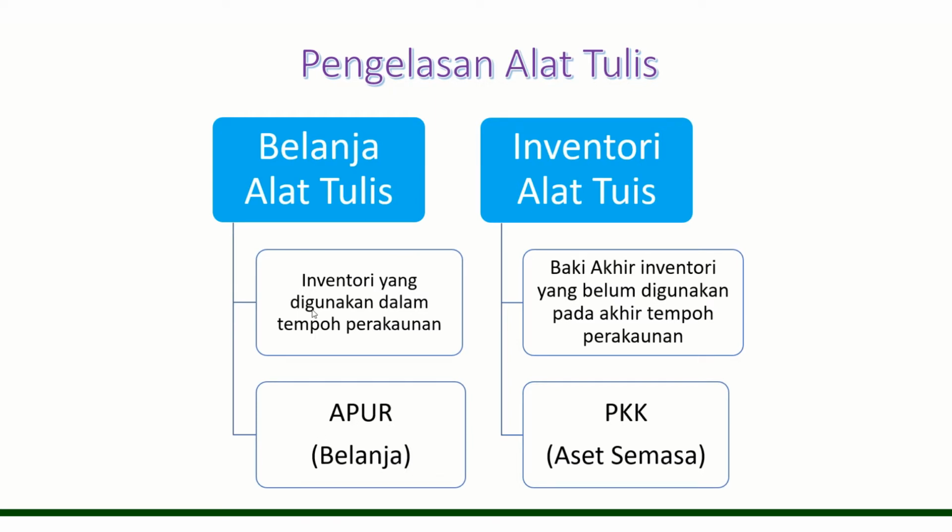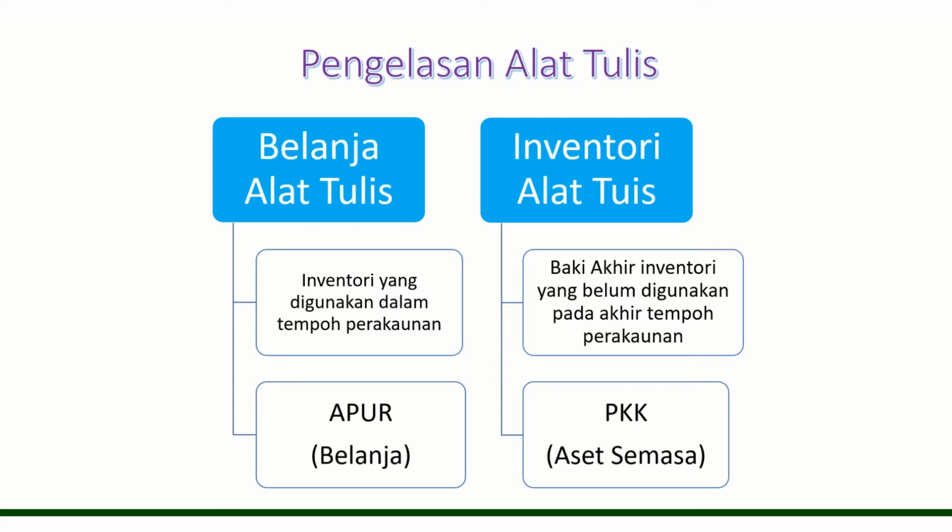Okay, now let's go to the other pengelasan, which is inventory alat tulis. So what is inventory alat tulis pula? Okay, inventory alat tulis is baki akhir inventory yang belum digunakan pada akhir tempoh perakaunan. That means what is left over after the end of the tempoh perakaunan. So for this question, the assumption that we're making is the tempoh perakaunan berakhir pada 31st of December 2018, correct?